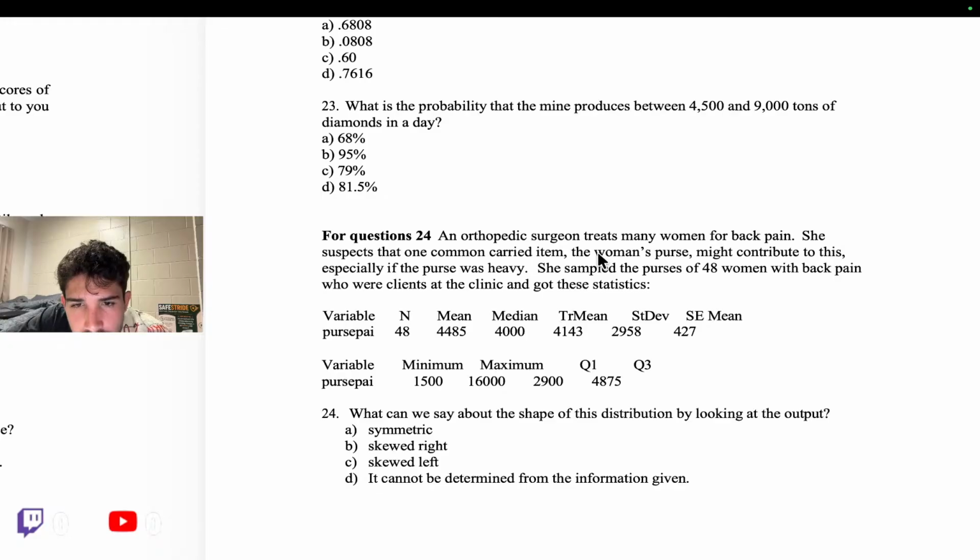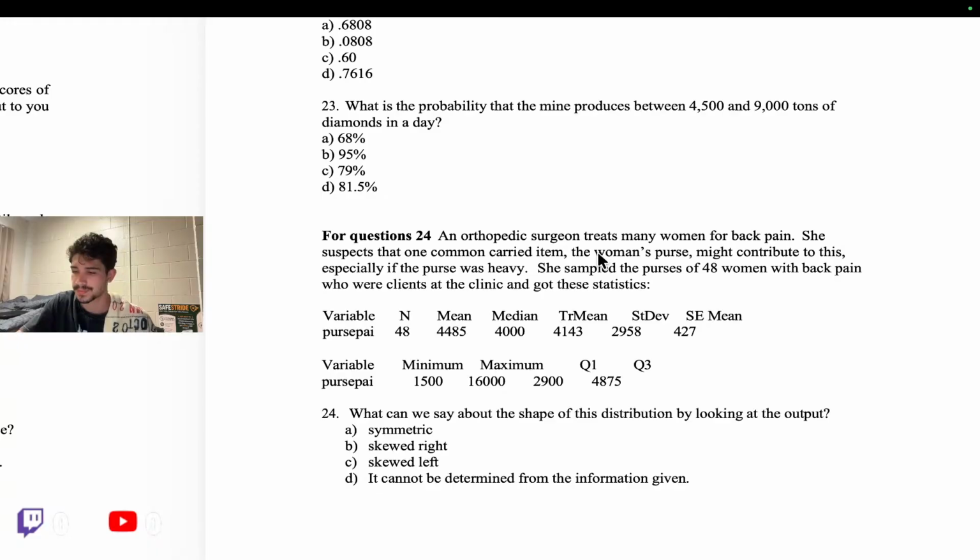So, we have 48 trials. We have a minimum of 1,500, a maximum of 16K. Our quartile ranges are listed. Our mean and our median are very similar, although our mean is slightly larger. What does that mean?